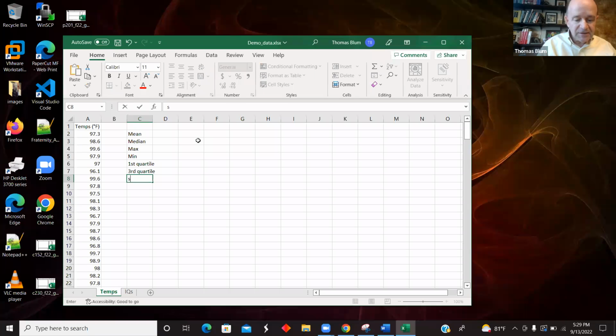What else? Standard deviation. I'll look for the second largest, the second smallest, the kurtosis of the distribution, the skewness of the distribution.